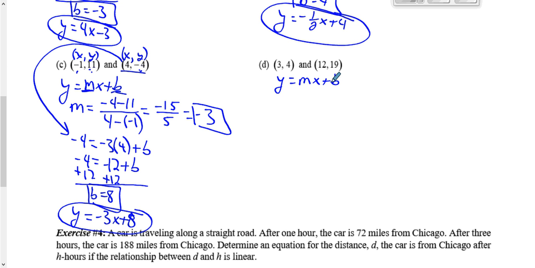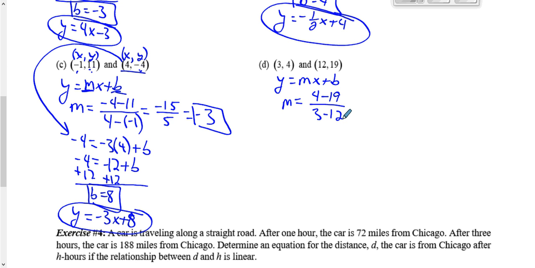So let's get the m first. You tell me what we're going to do. We're doing part D. I'm doing 4 minus 19 over 3 minus 12.